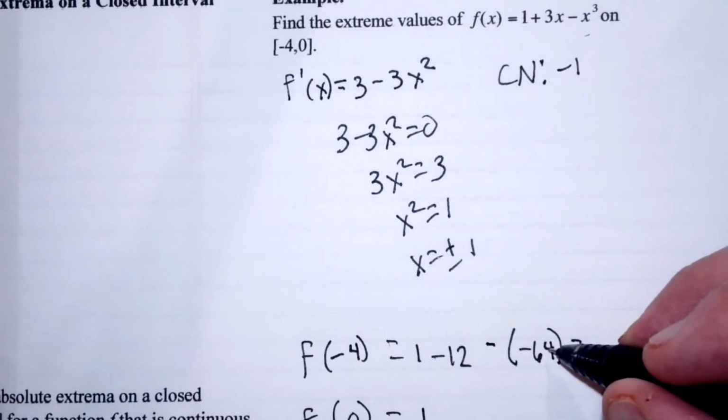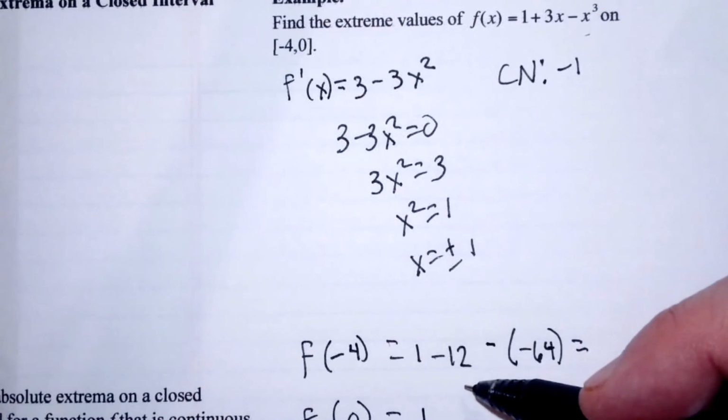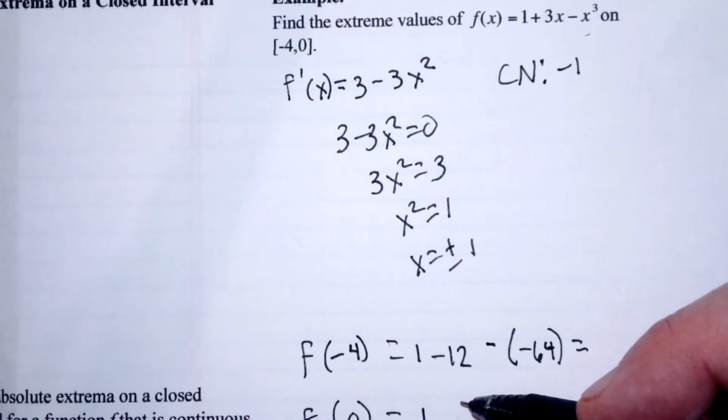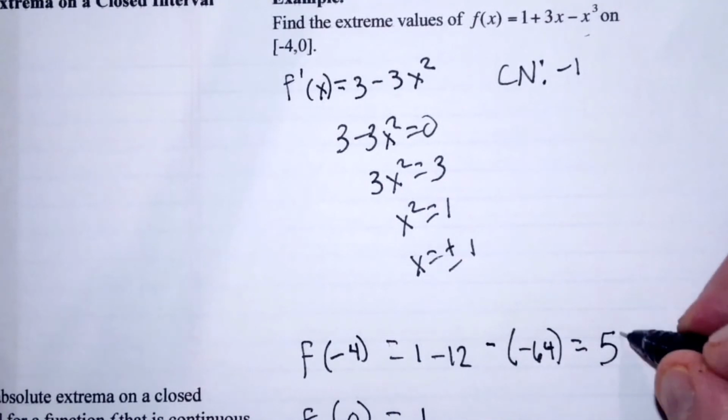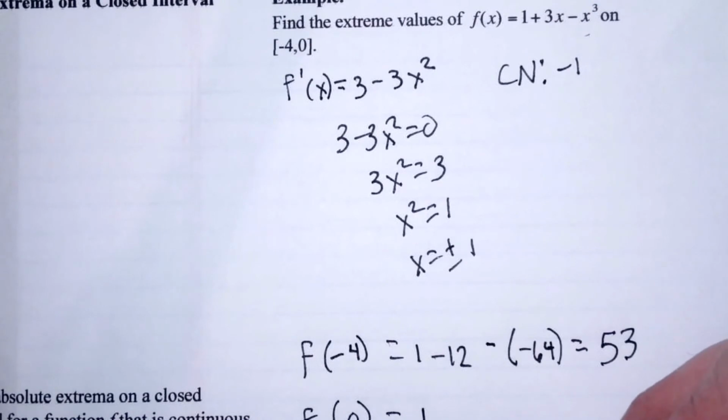So let's see, this is going to be 64 minus 12 is 52, plus 1 is 53. And this is 1 minus 3 plus 1. I believe that is -1.